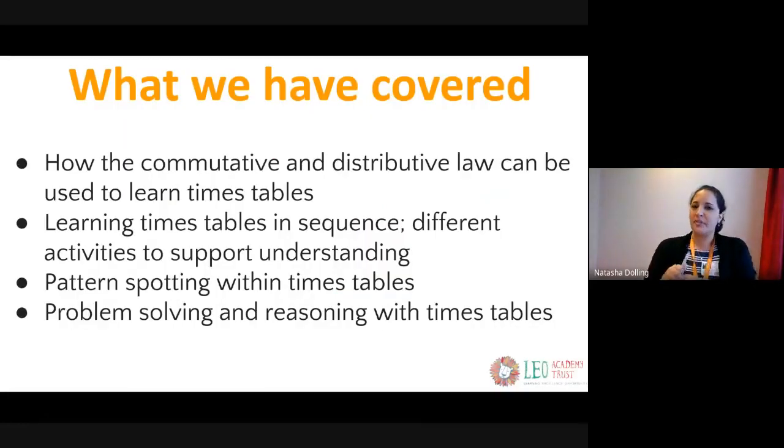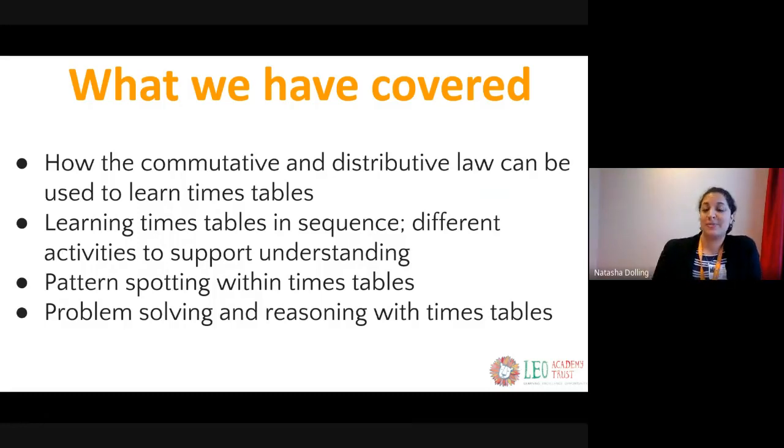So I'm going to finish there and just go over what we've covered. We have covered how the commutative and distributive law can be used to learn times tables, how learning times tables in sequence is really valuable and important to help you learn times tables facts, and lots of different activities to support understanding, from Venn diagrams to matching to more than statements to colouring of factors.